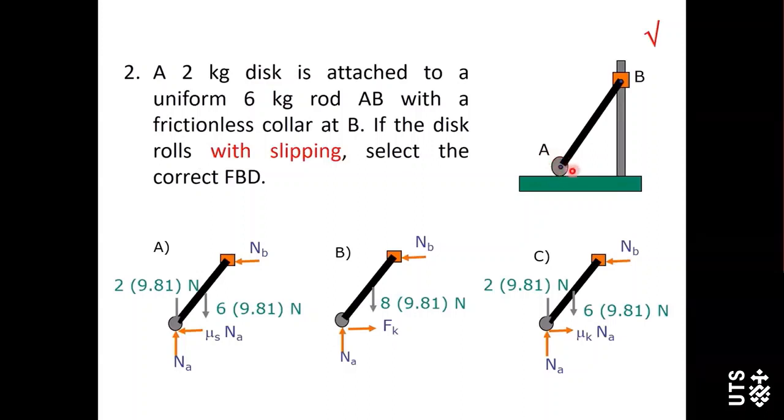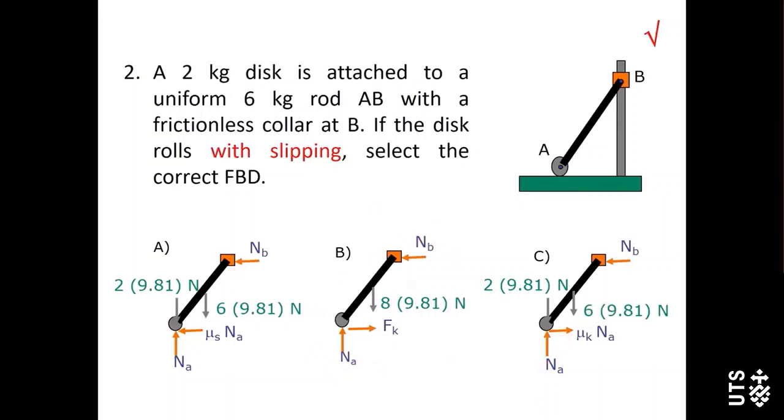Slipping occurs between this disc and the surface. What does this mean? This means the friction force between this disc and the surface must be kinetic friction force instead of static friction force. So which free body diagram should be correct?